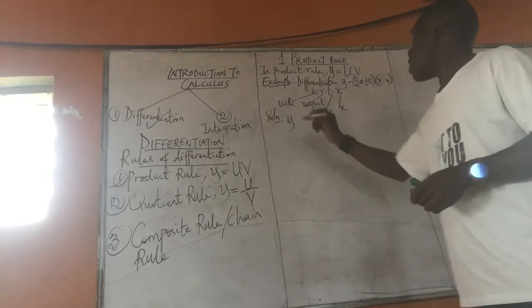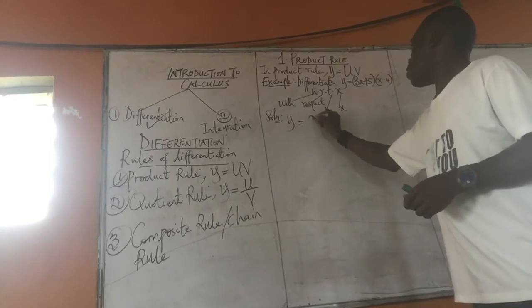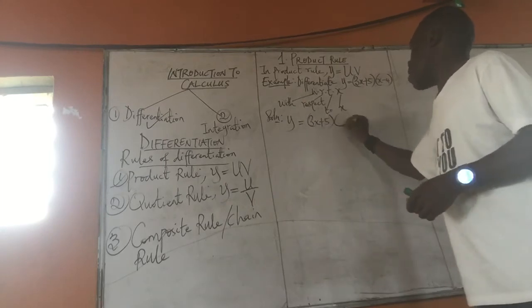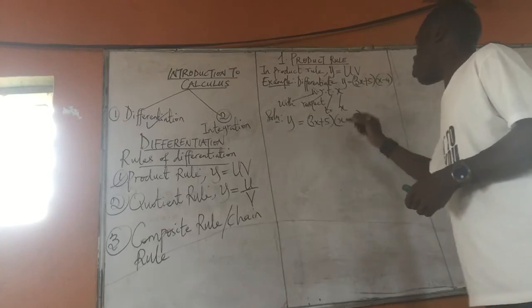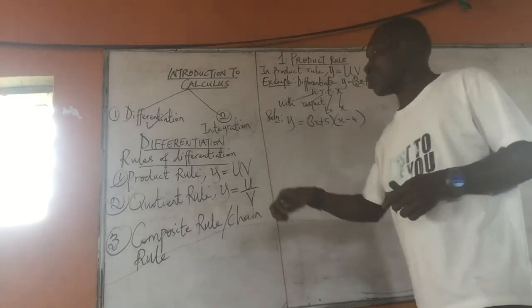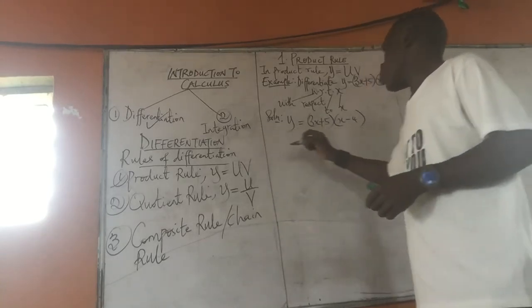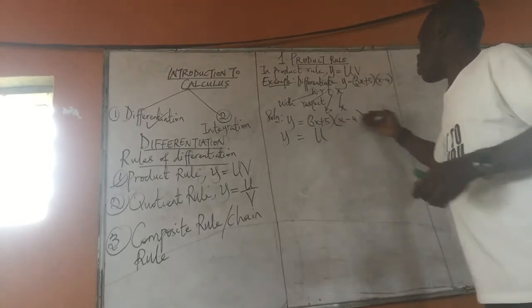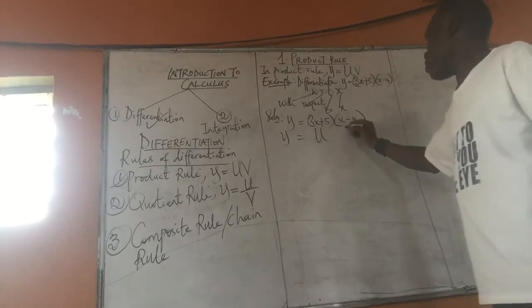Now for me to differentiate this, I have y equal to 3x plus 5, then x minus 4. If we can recall, y equal to uv represents the two products I am having.